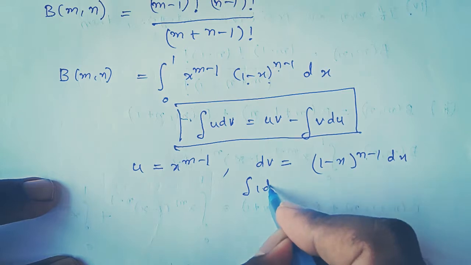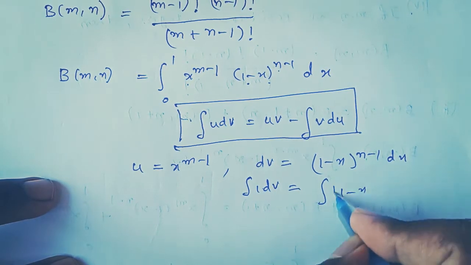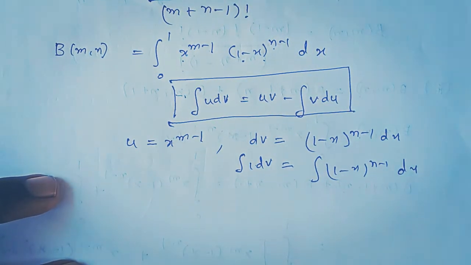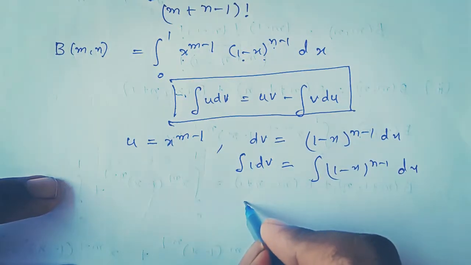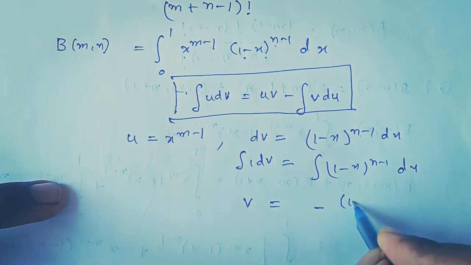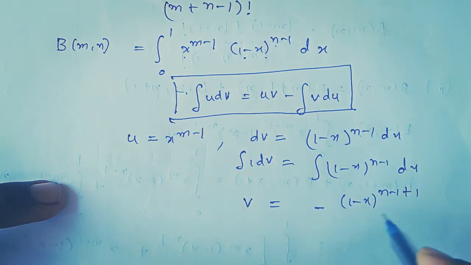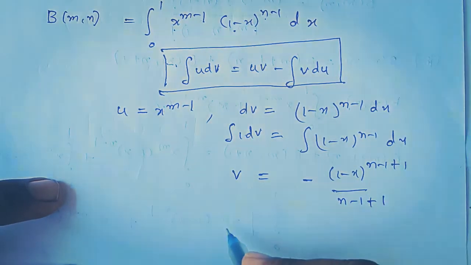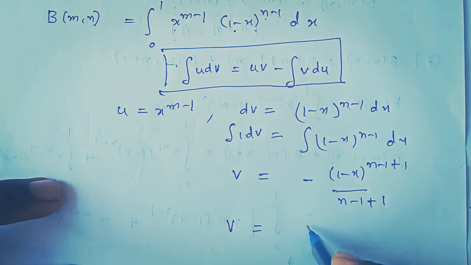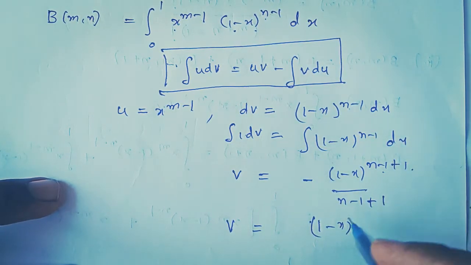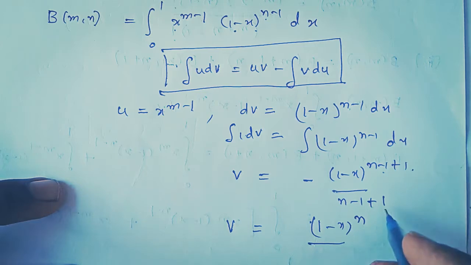Integrating on both sides, (1-x)^(n-1) dx, we get v = minus (1-x)^(n-1+1) / (n-1+1), that is v = minus (1-x)^n / n. This is v.